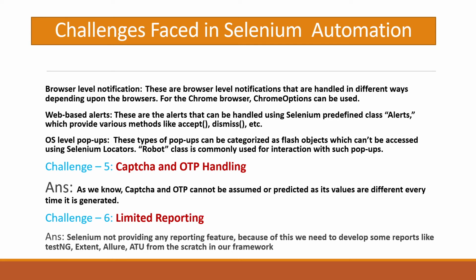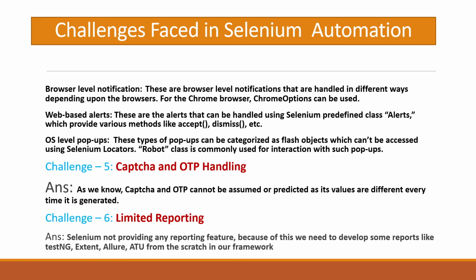And the sixth challenge here is limited reporting. As we know already, with the help of Selenium, we don't have any reporting mechanism. We can't build any reports or design any reporting with the help of Selenium. Because of that we have to take it as a challenge.